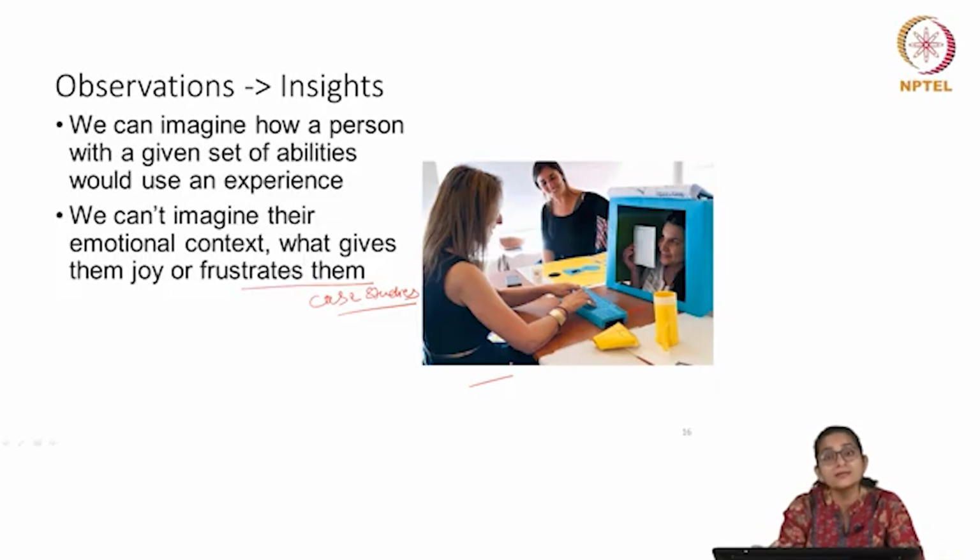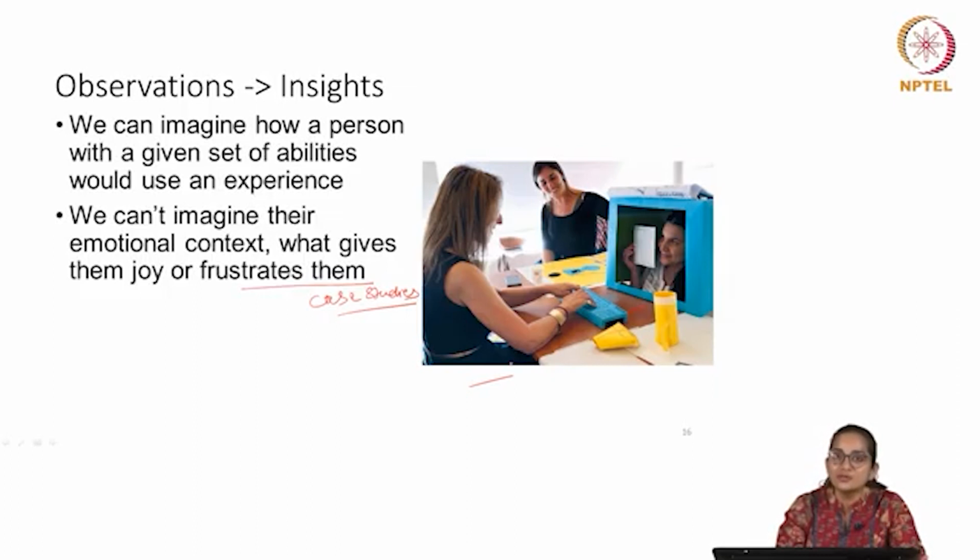For the first time, all by themselves. I'm sure all of you might have experienced some moment in your life where it was the first time you were able to do something by yourself. Maybe it's driving a car for the first time alone after learning it for several months, without the instructor, without your father, without your mother, without your elder brother, and just you taking the car out.